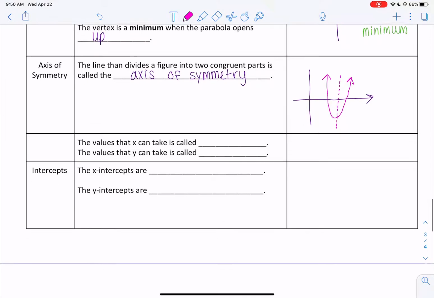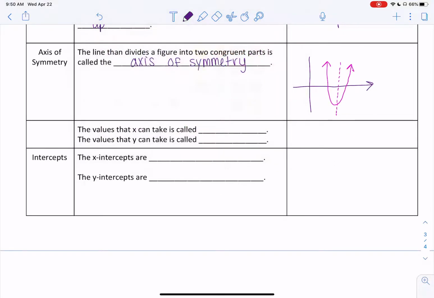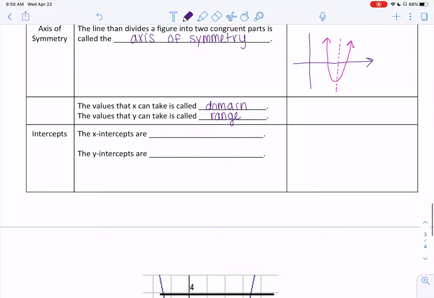So a couple more words that we're going to learn, and we're going to practice all of these things, so it may sound a little overwhelming right now, but the values that x can take is called the domain, and then the values that y can take is called the range. So a few more things. Again, just like grade 9, we are looking at our intercepts. So we might be looking at our x-intercepts here and here, or we might be looking at y-intercepts, which would be here.